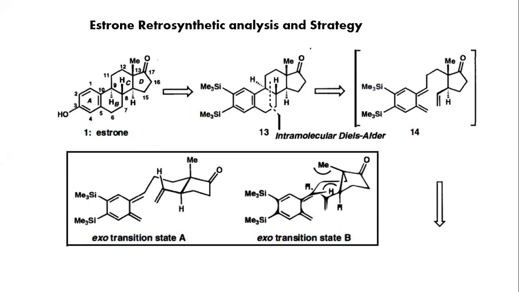Basically, in the exo position, both diene and dienophile substituents are in the opposite plane, while if they are in the same plane, you can say they are in the endo position.